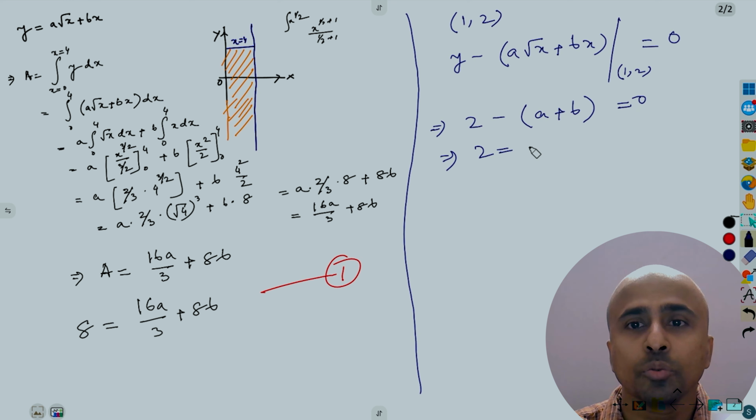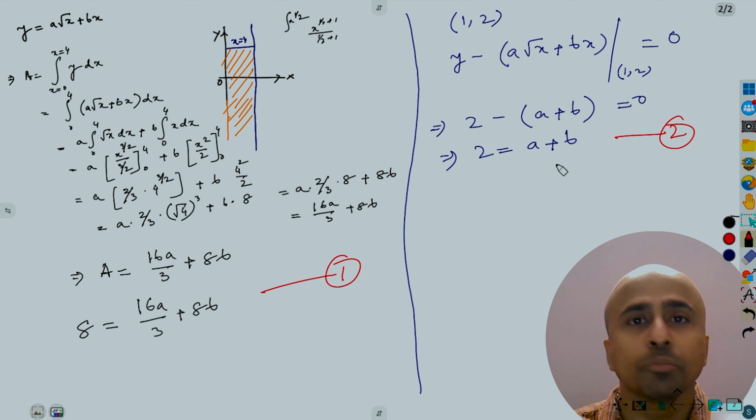This gives 2 equals a plus b. Now we have two linear equations with two variables. Therefore, from here we can easily evaluate both the variables. So now it boils down to simplification.